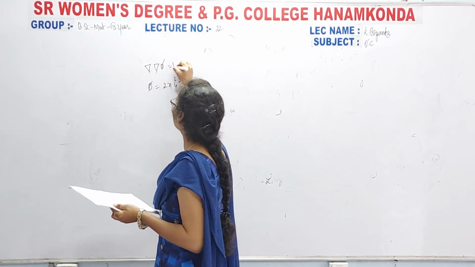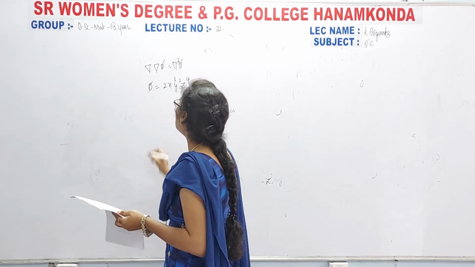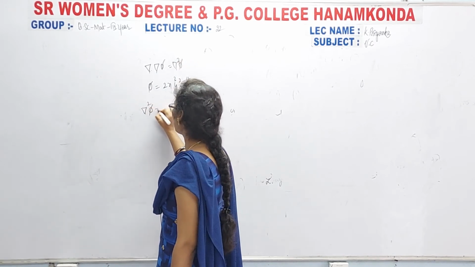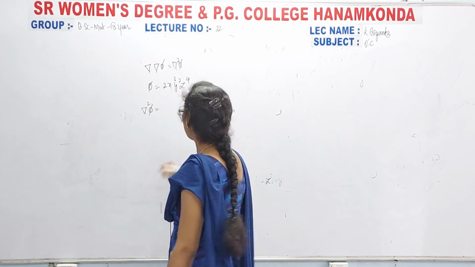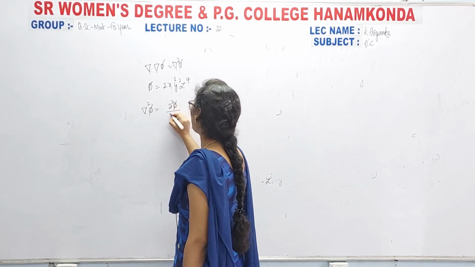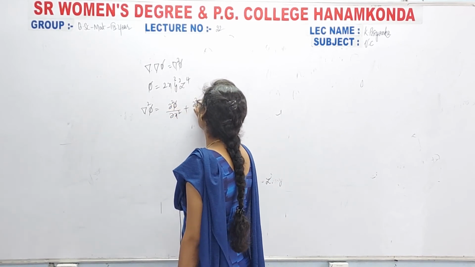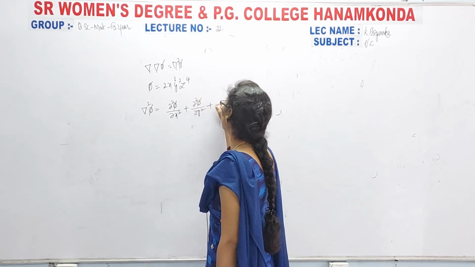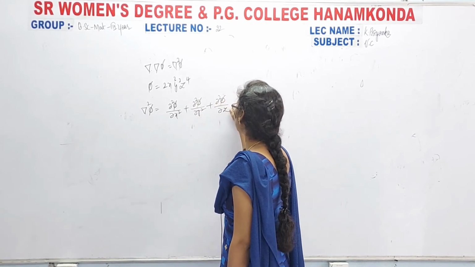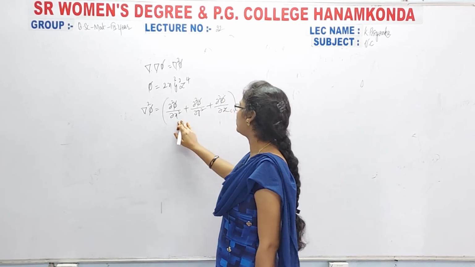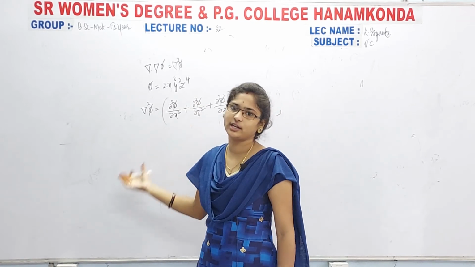Grad of grad phi means simply it is nothing but the Laplacian, that is del square phi, which is equal to del square phi by del x square plus del square phi by del y square plus del square phi by del z square. Just calculate all these values and substitute here, finally you will get the value of that one.